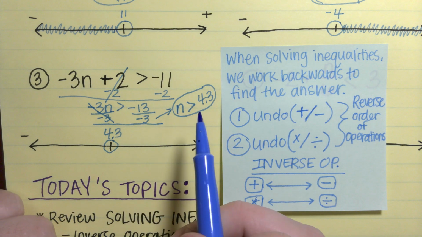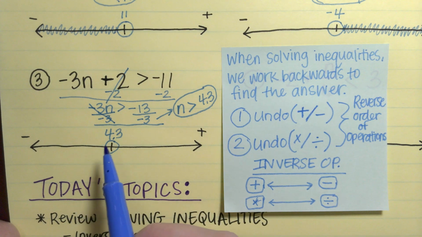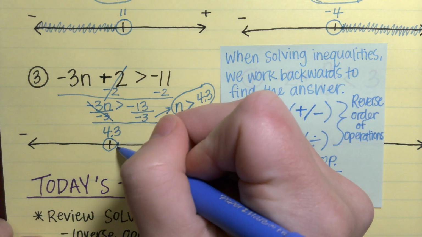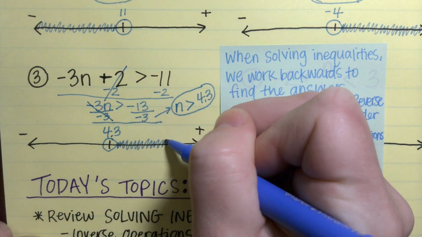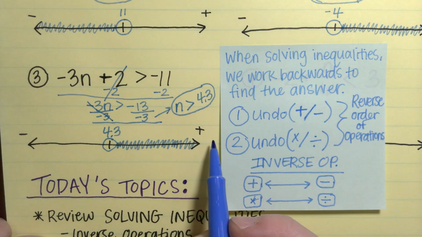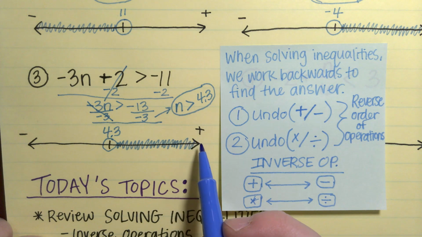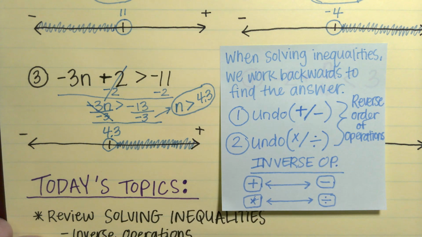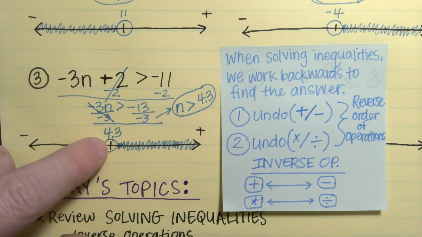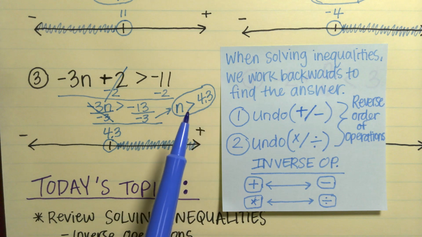And then if n is greater than 4.3, do I shade to the right or to the left? To the right. Good. This is going to show that n could be any of these numbers shaded in. And since there's an arrow here, we know that means it goes on forever. It can be any number bigger than 4.3. Can it also be 4.3? No, it can't. It has to be bigger.